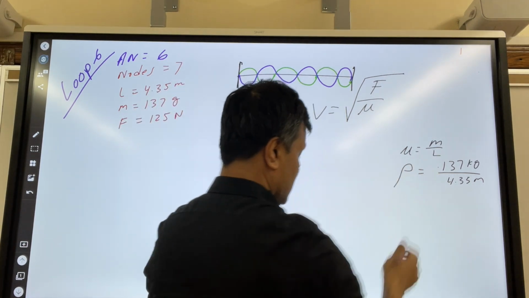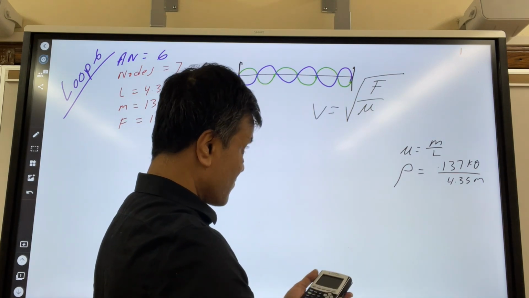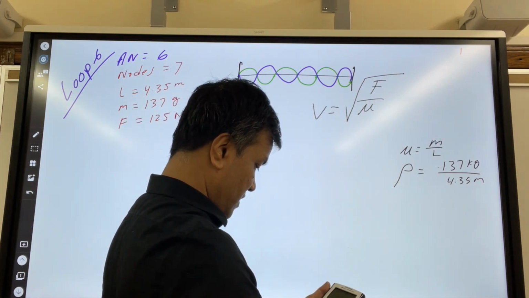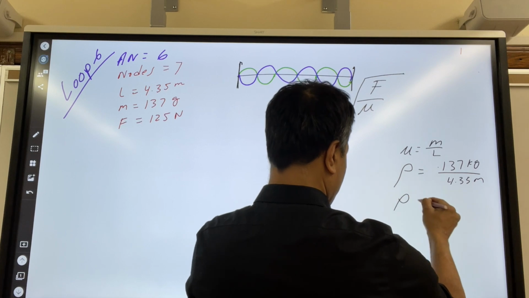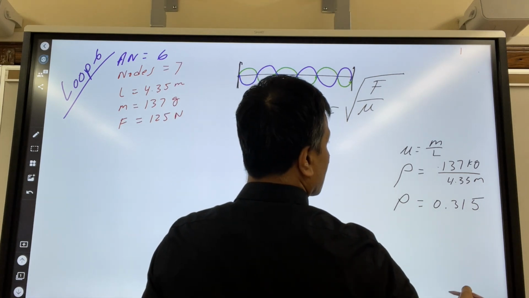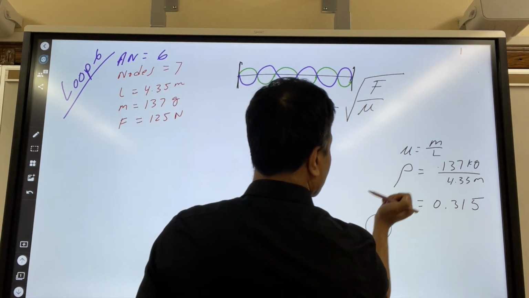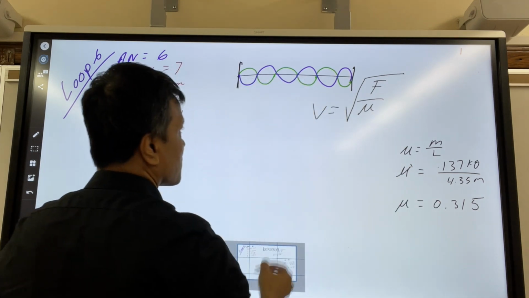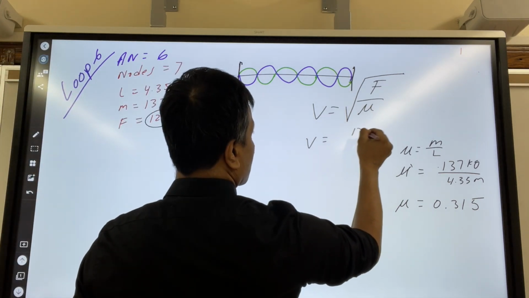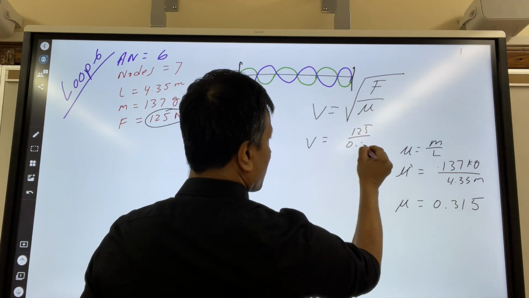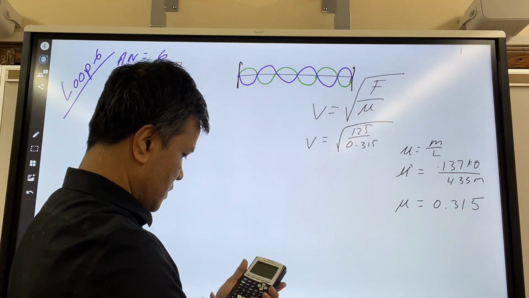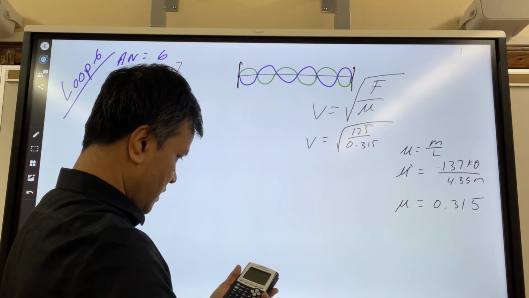You can use density. 0.137 divided by 4.35, and that density is 0.315 kilogram per meter. This is mu actually, let's use the convention. So F is 125 divided by 0.315, square root.